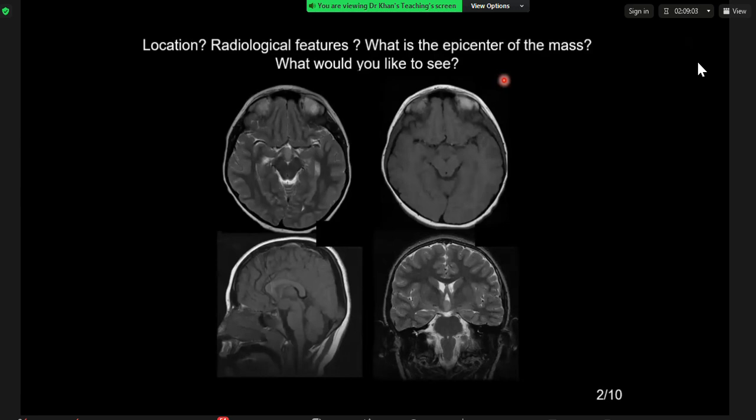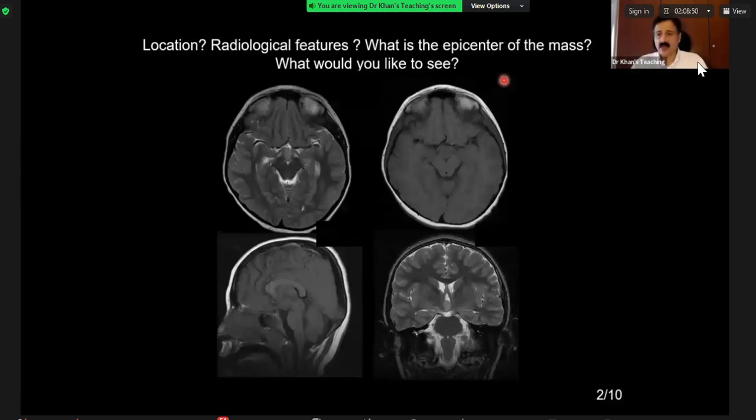Okay. So the point is that, as I pointed out in the beginning, in this case I am going to teach all of you the skills to pick up a brain tumor and the level you have to take it to in order to give a differential and an exact diagnosis.